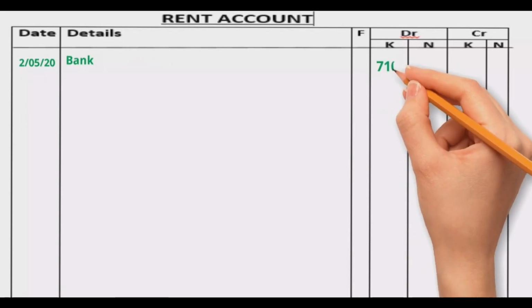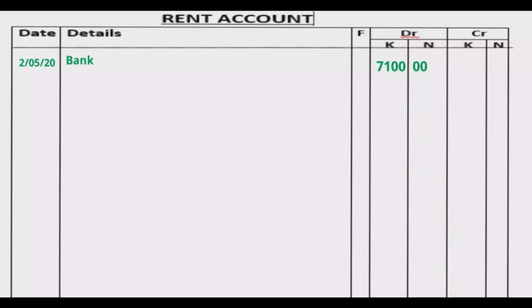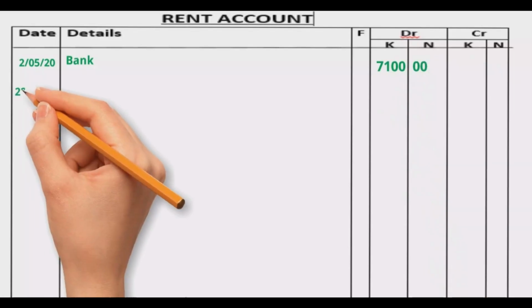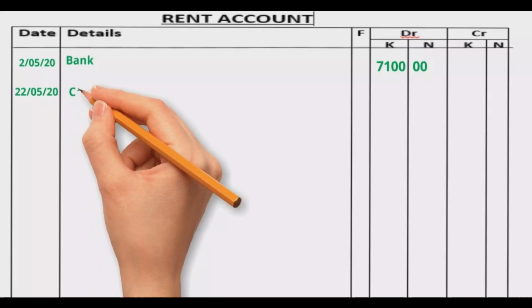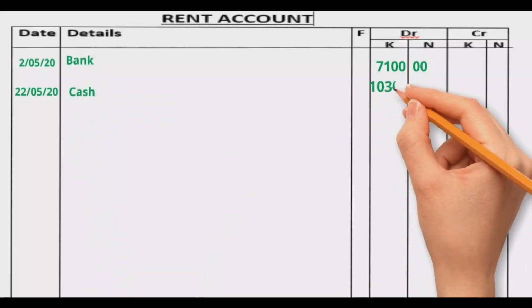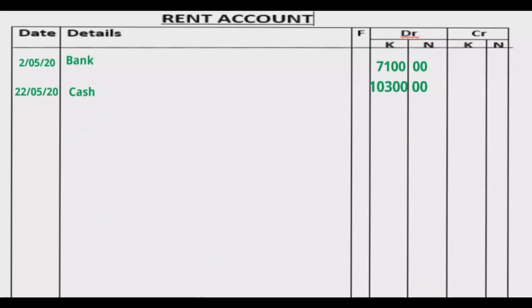It was 7,100, so we record 7,100 there. Then cash, that is 10,300 on 22nd May. Cash was paid of 10,300.